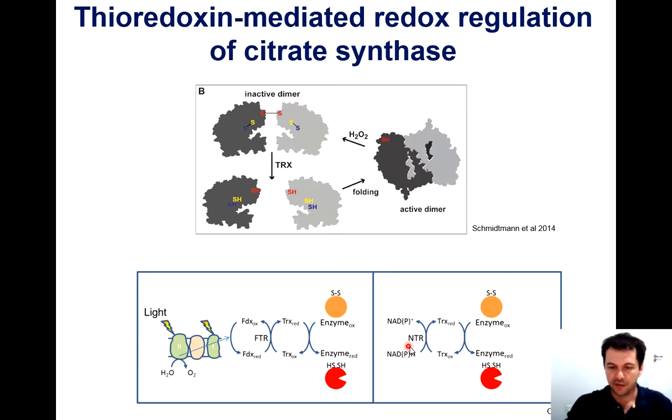So the energy that is in this compound is used by this NTR protein to reduce thioredoxin. Thioredoxin can only work when it's reduced, because reduced thioredoxin can then activate the target enzyme, in this case by reducing it. So this is redox regulation. Remember that I said NADH and NADPH are very important for redox metabolism, so that's why.